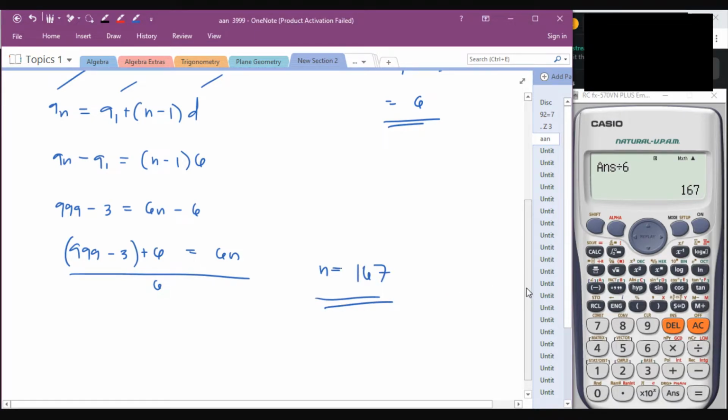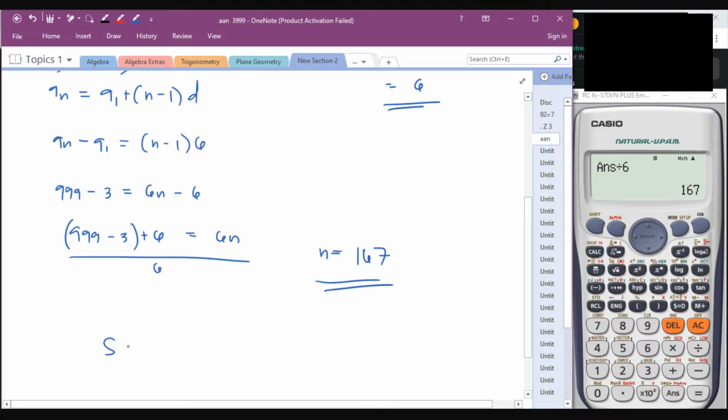You have 167 terms. Then, you can find yung total nung odd numbers na divisible by 3. So, 167 divided by 2 multiplied to 999 plus 3. The answer there will be 167.